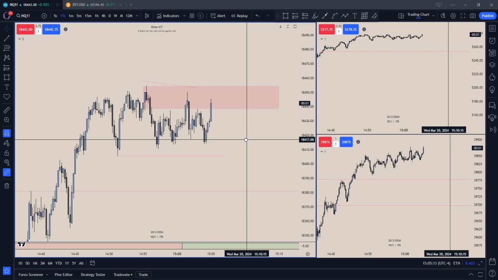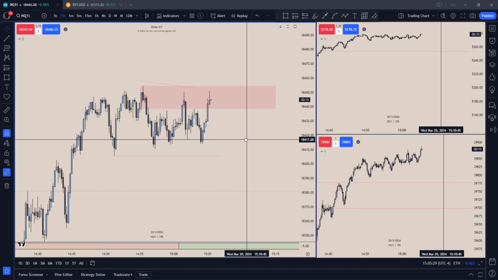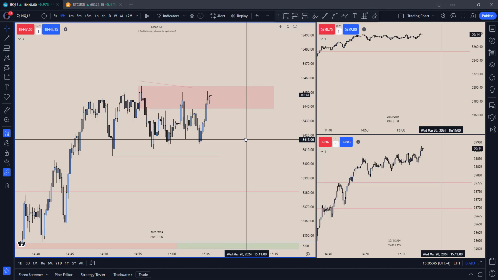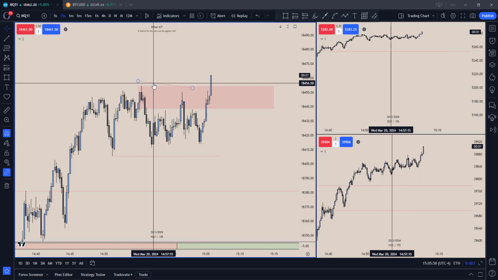I'm taking the high again, watching NQ, see how it reacts. And that would be the invalidation of the SMT, so you wouldn't really look at that anymore.